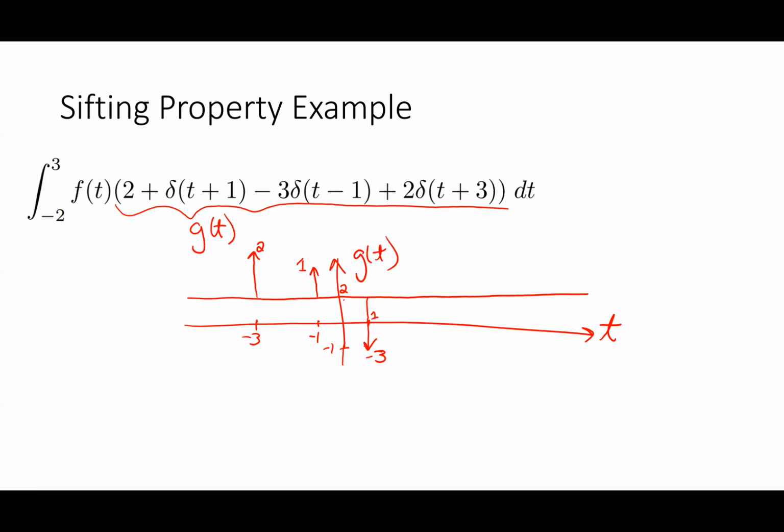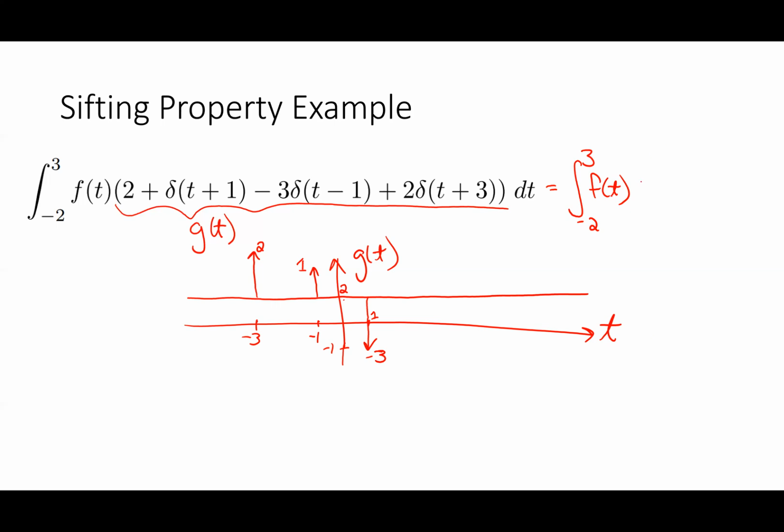All right. If I were to look at this sifting property, I could think of it this way: integral from -2 to 3 of f of t times g of t. How can I break this up if I have a summation like that for all these integrals? So 2 plus something. How do I express that integral?